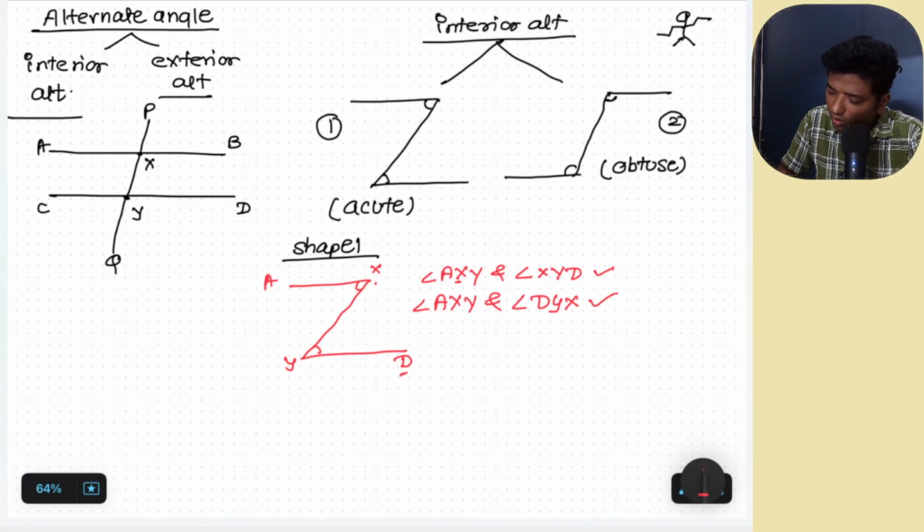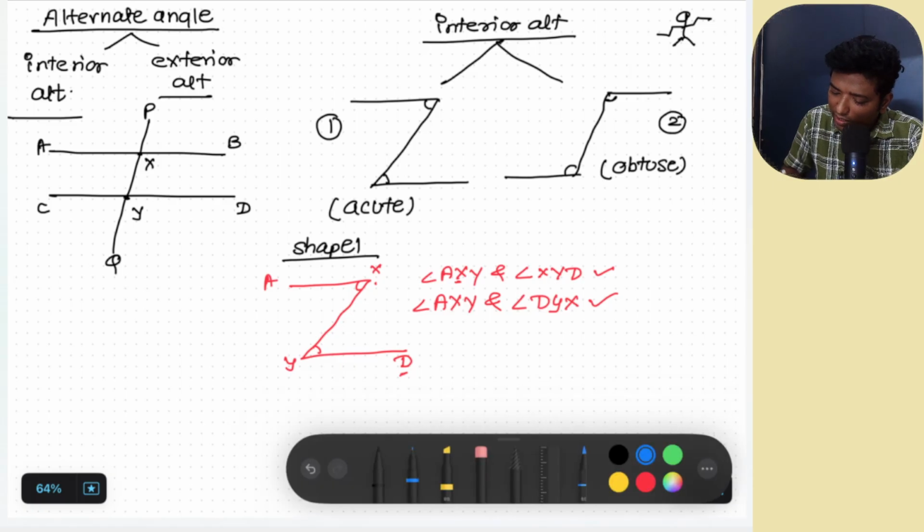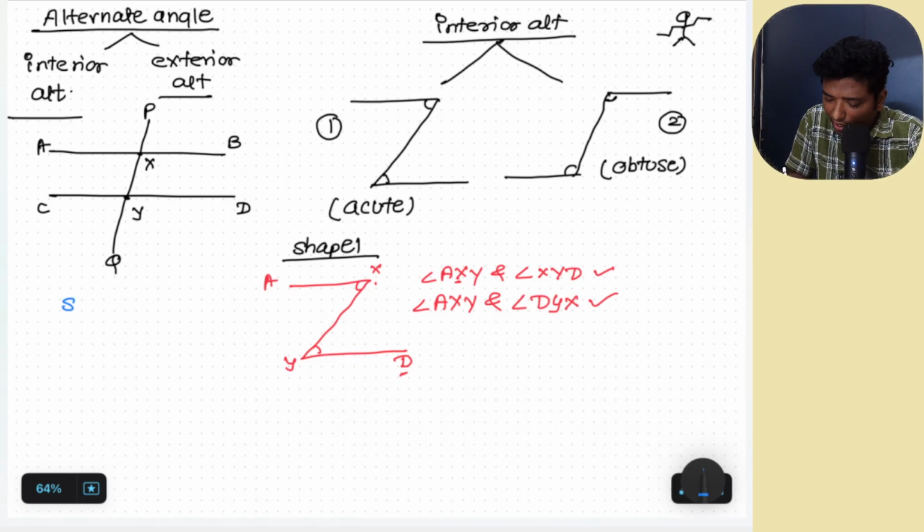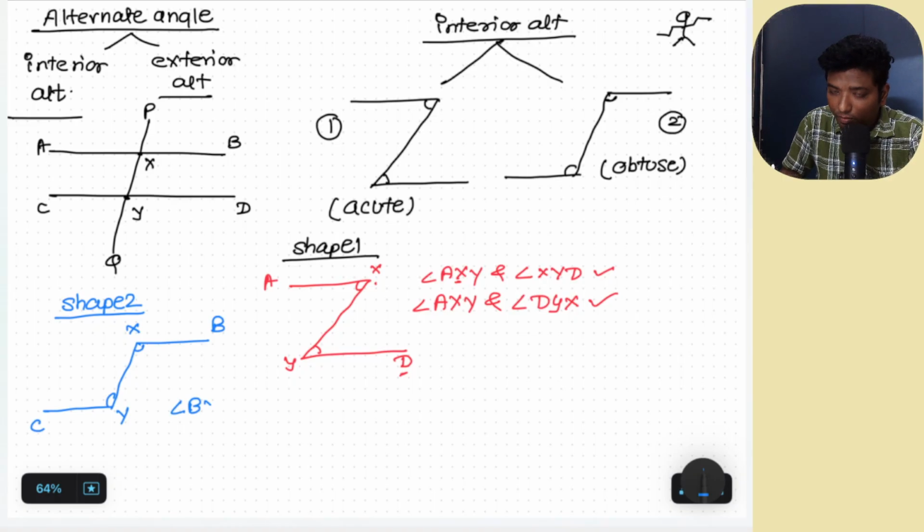Now go for shape number two. Can you identify shape number two over here? Clearly visible? Yes, clearly visible. X, Y. Here it is C. So one angle, this is the other angle. How can we name it? Okay. So angle BXY, LXY.